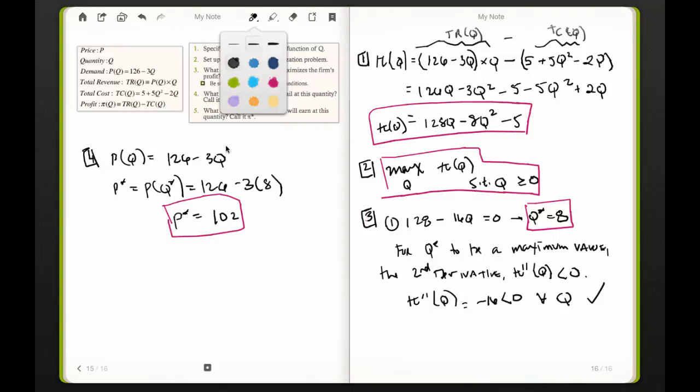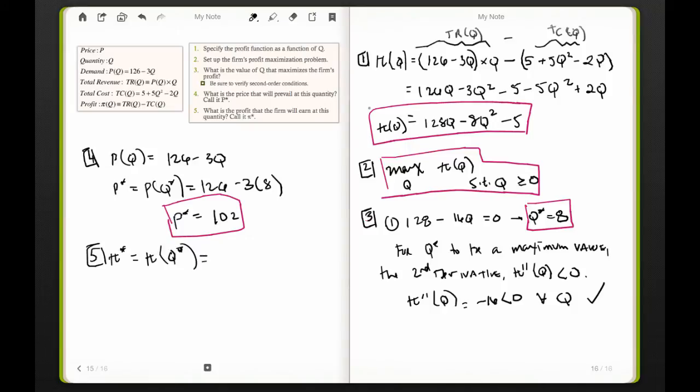And then finally, what is the profit that the firm will earn at this quantity? So in other words, what is that max value of profit? We're going to call it pi star. Profit star is just going to be the value of profit evaluated at Q star. So I'm going to plug in everything I know.